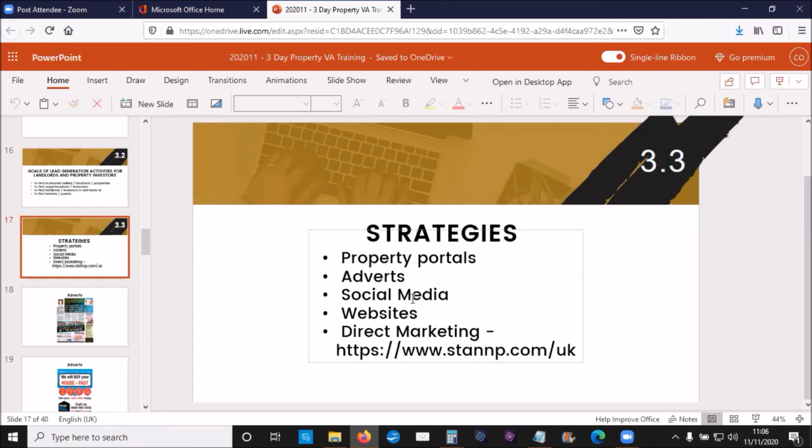Okay. If you've got copywriting skills, you might even be writing blogs for landlords so that their SEO is generating fresh content and relevance in search results on a weekly basis.